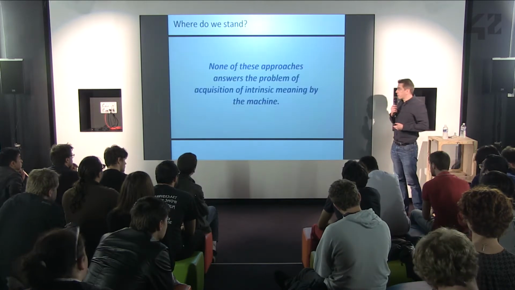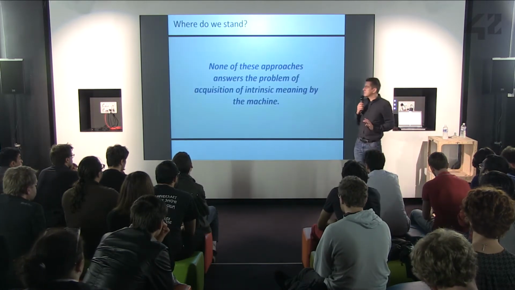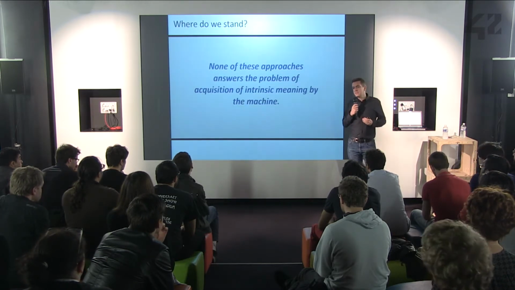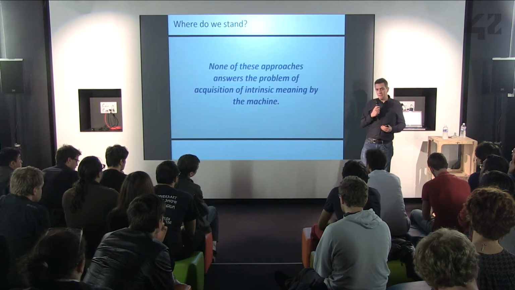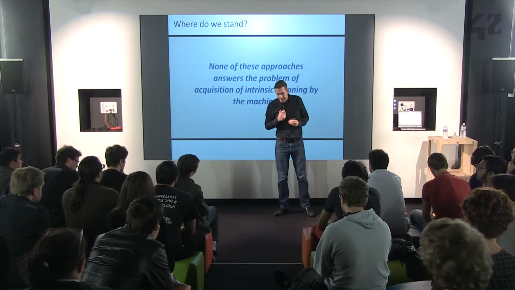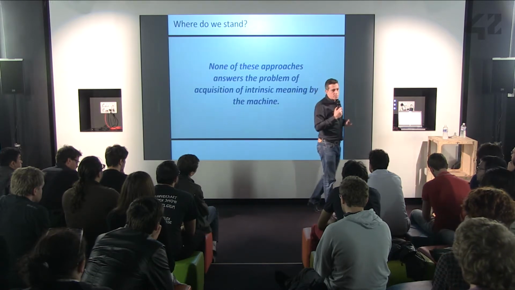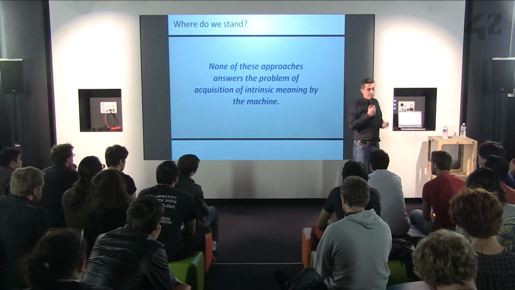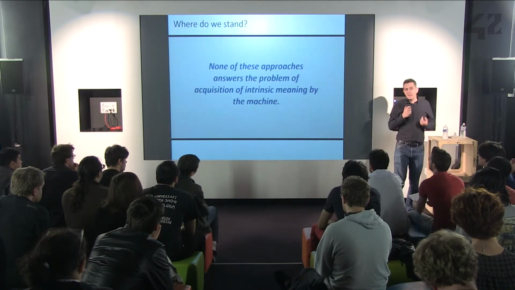The problem is none of these approaches answers the problem of the acquisition of intrinsic meaning by the machine. None of those directions is really tackling what is probably the core central problem of AI, which is the capability of the machine to acquire meaning for itself.